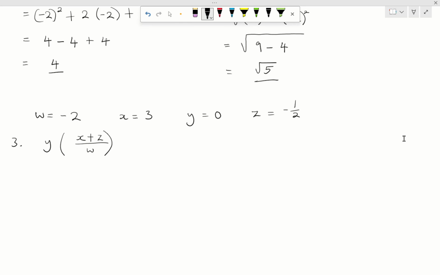So substituting, our y is 0, and our x is 3, so 3 plus our z is -1 over 2, all over w, which is -2. We don't even need to work out whatever is in the bracket, because 0 multiplied by any other number just gives us 0. So that is it when we're talking about substitution.